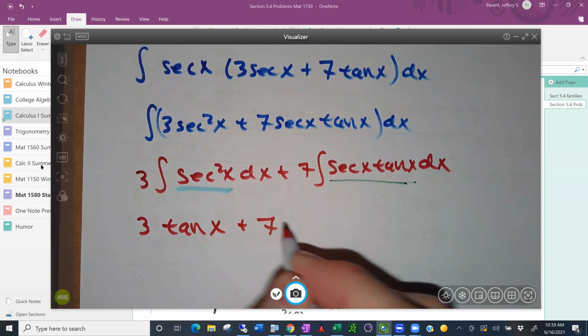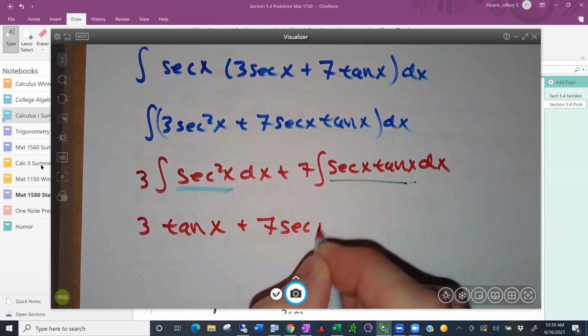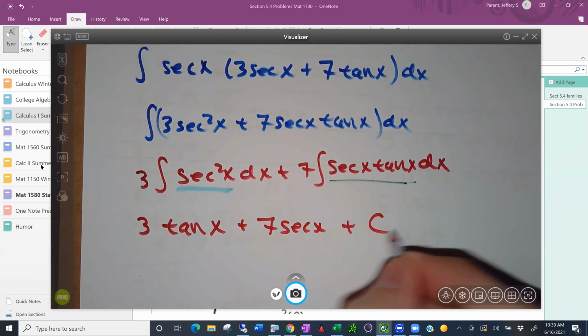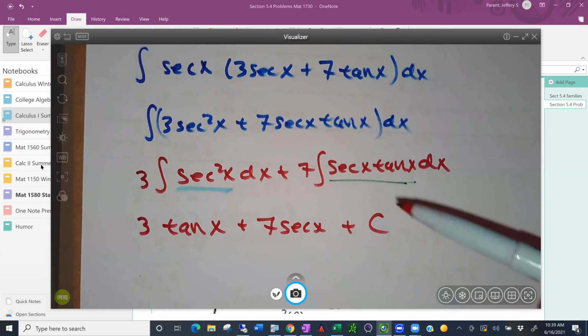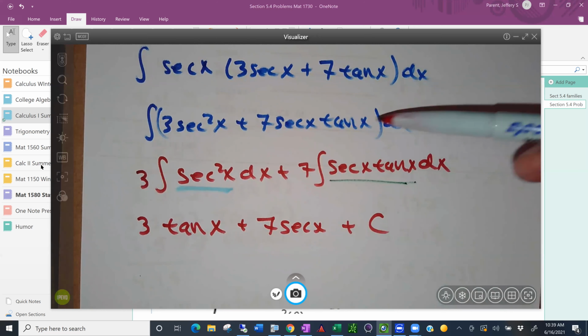Secant of x. And last but not least, I'll put in a constant, because when I differentiate a constant, I get 0. This gives me the most general antiderivative that I can get. So there's my answer right there. It's just a matter of finding a couple of antiderivatives.